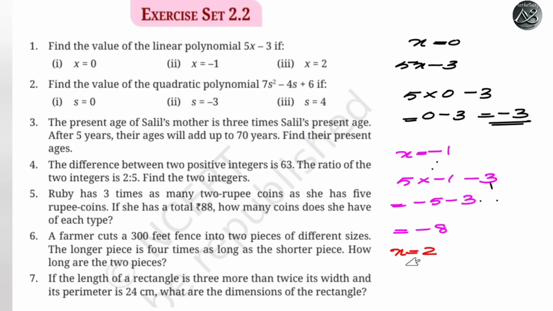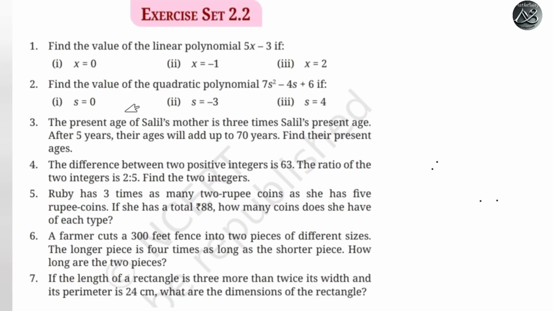At x equal to 2, the value of the polynomial is 5 into 2 minus 3. That is 5 into 2 is 10, 10 minus 3 is 7. So the value of the polynomial at x equal to 0 is negative 3, at x equal to negative 1 is negative 8, and at x equal to 2 is 7.